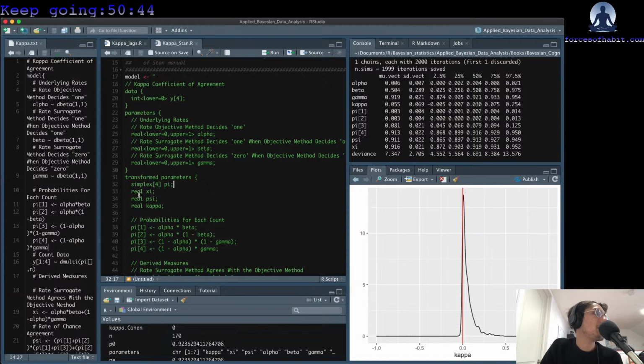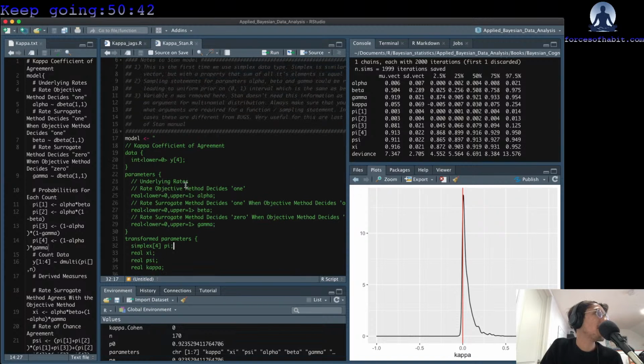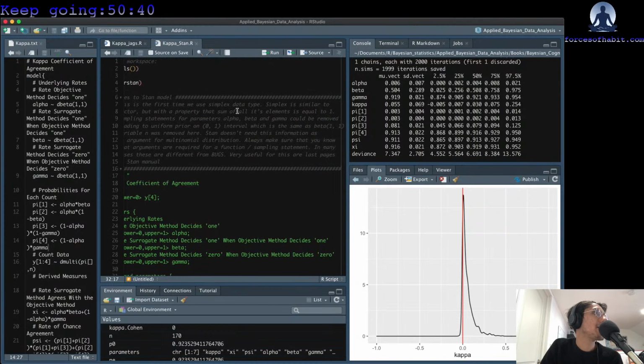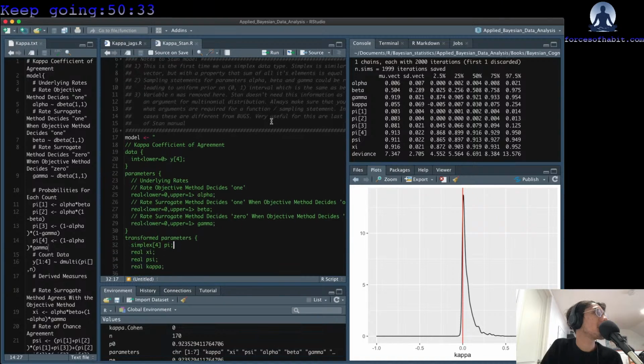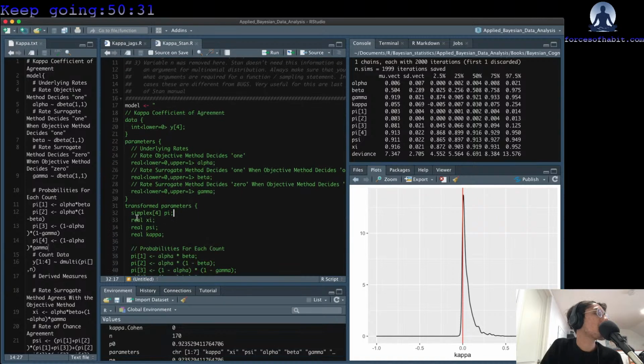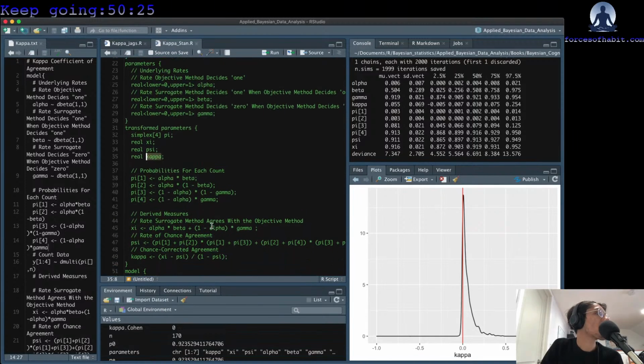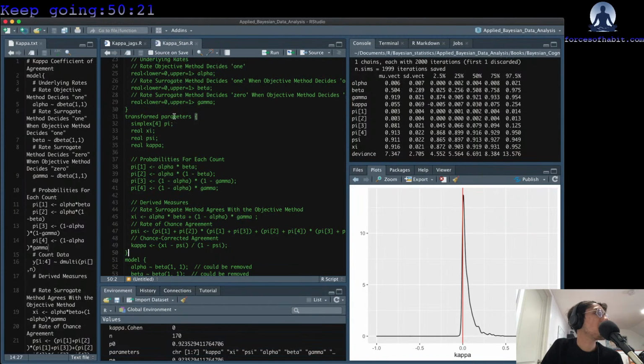And then we have transformed parameters here, where simplex, as indicated up here, is a data type. It's similar to a vector, but all of its elements sum to 1. So we have real values. And then we have probabilities. So these are considered transformed parameters.